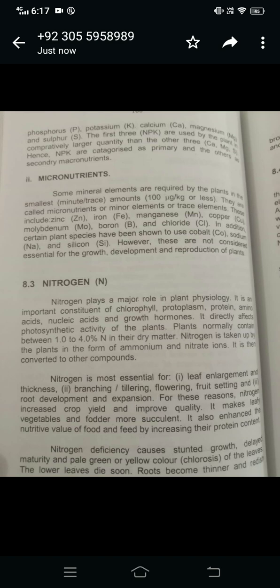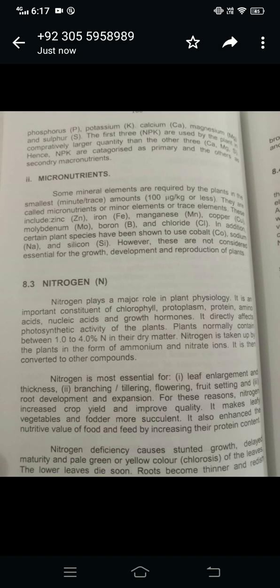Nitrogen is most essential for leaf enlargement and thickness, branching, tillering, flowering, fruit setting, and root development and expansion. For these reasons, nitrogen increases crop yield and improves quality. It makes leafy vegetables and fodder more succulent.